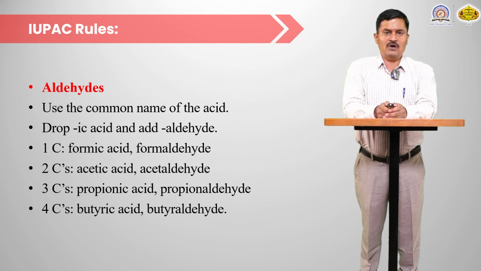If there are 2 carbon atoms, acetic acid gives acetaldehyde, propanoic acid gives propanaldehyde, and the 4 carbon butyric acid gives butyraldehyde. So the common name of the aldehyde is compared with the acid, and the last word IC is replaced by aldehyde.